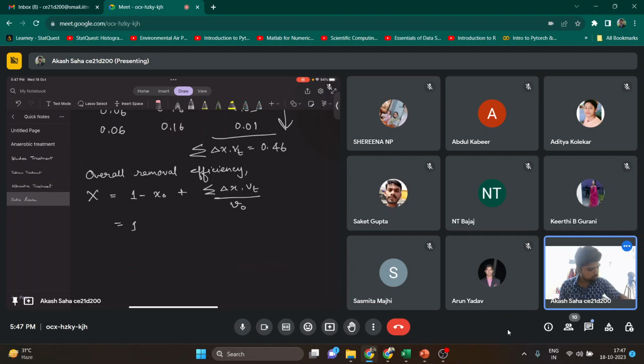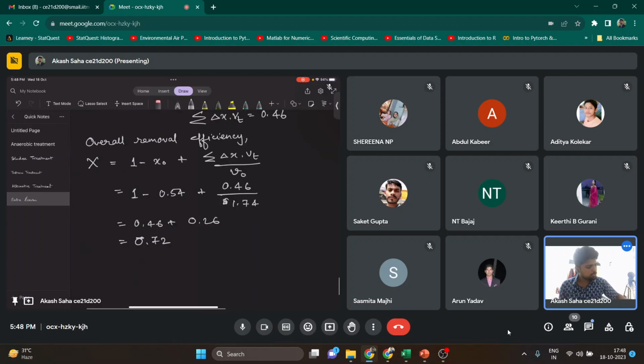So it will be around 1 minus 0.54 plus the summation under the curve divided by my settling velocity, that is 1.74. So 0.46 plus 0.26, it will come as 0.72. So 72% particles will get removed.